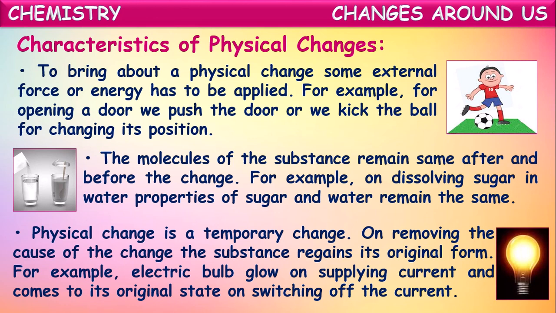And it comes to its original state on switching off the current. When you switch on the light, it glows. When you switch off the current, it will be off. So this is a temporary change. So physical changes are said to be temporary and reversible changes. Okay.